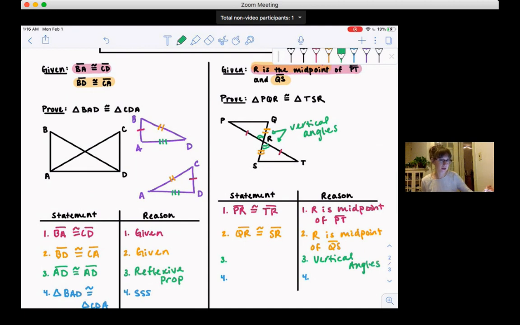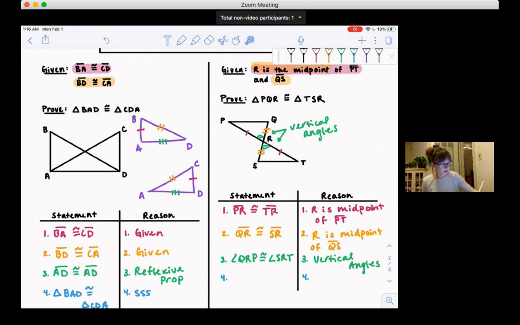So remember, three letters outline the shape of the angle. So I could say angle QRP, that outlines the shape of that angle, is congruent to angle SRT, which outlines the shape of the other angle. Okay, so that was a match by vertical angles.